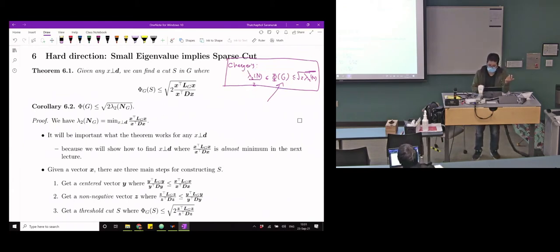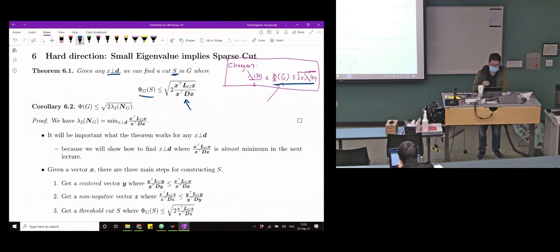Now, we didn't finish the second part, which says that if the second eigenvalue is small, then you can find a sparse cut. Just to recall, the statement we want to show is that, given any vector x orthogonal to the degree vector d, you can find a cut S such that the conductance is at most this thing.